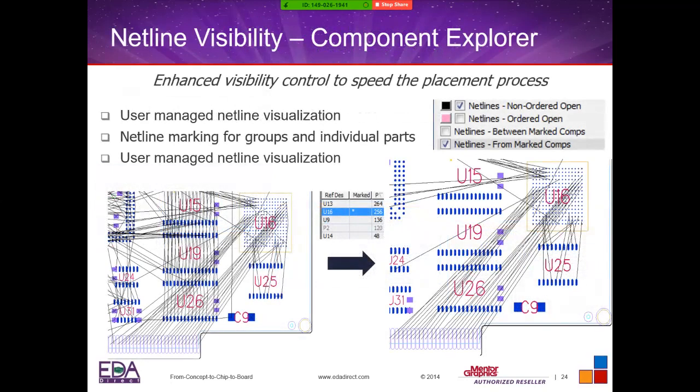Another nice feature that I really like is the netline visibility. There are lots of ways that you can deal with this in the display control. Most of us are used to these nets being rat's nested all over the place. It's very difficult to see what you're looking at. But with the display controls in the netlines section, you can turn on mark nets and just see the nets that you want to use.